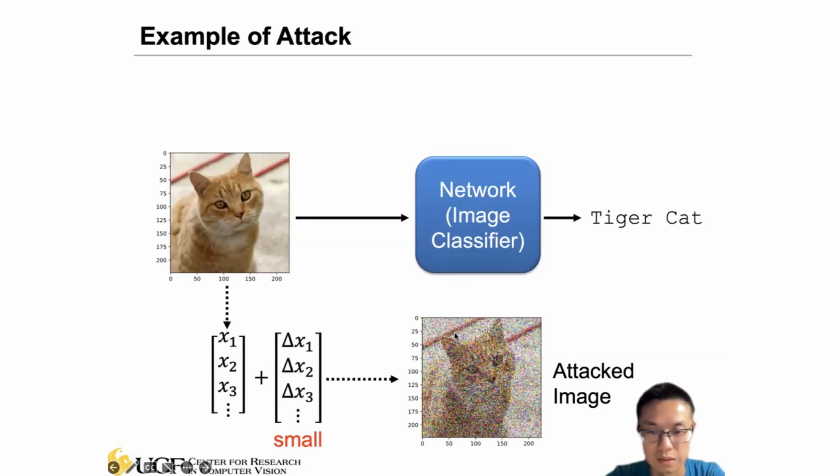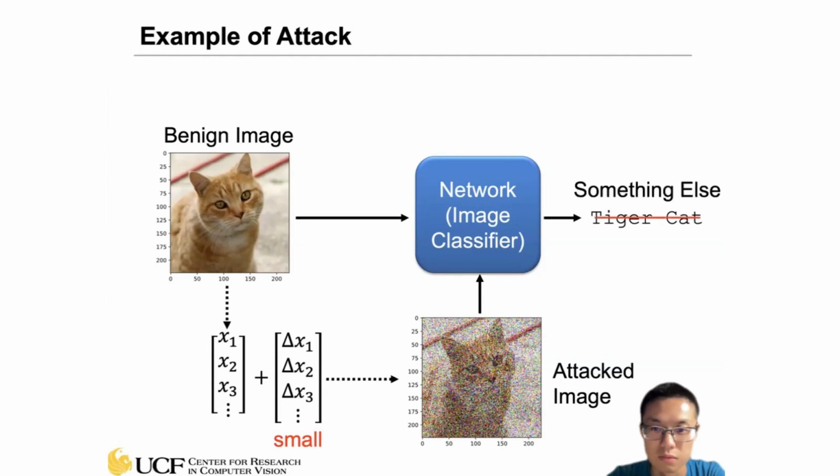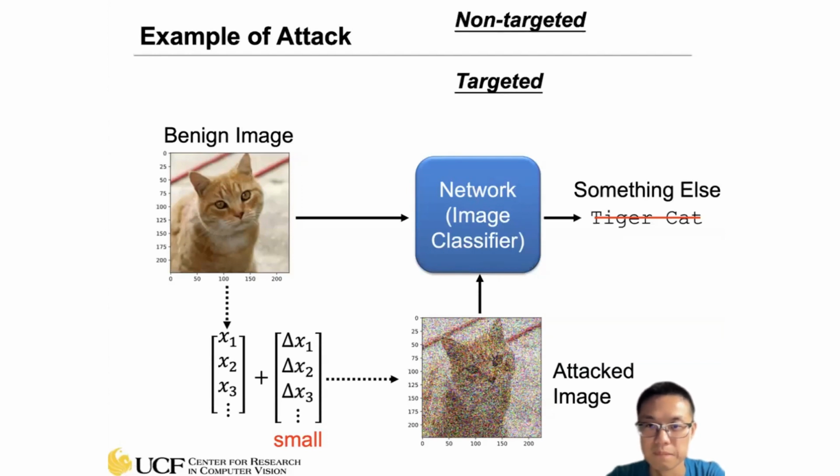When we say we're adding small noise, this noise may not be perceived by humans, but for this example, I'm just magnifying the noise added to the image. So you notice there are some changes. In reality this is very strong noise, we can definitely notice the difference. So this is just for demonstrating. For this attacked image, we input it to the same image classifier, this network, and it will output something else, okay?